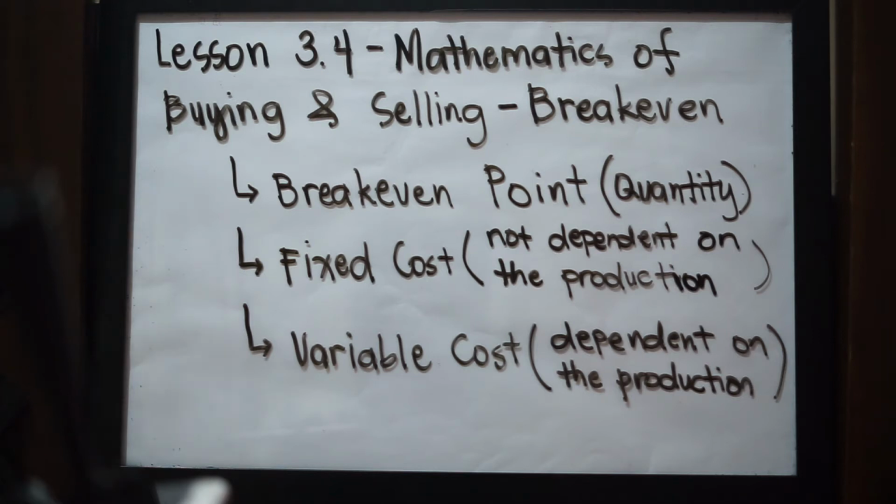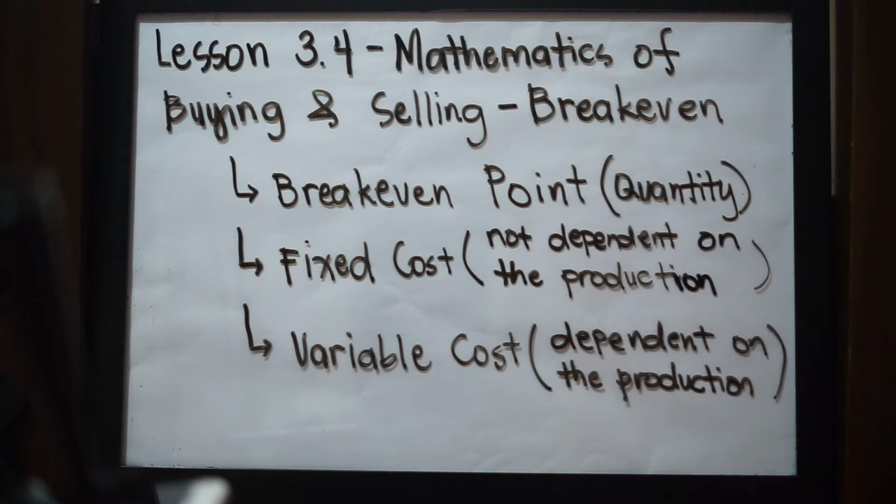Ano ba yung example ng fixed cost? For example, nagpatayo ka ng isang business. So, pag nagpatayo ka ng isang business, gagastos ka ng renta para dun sa place ng business mo. Tapos, if ever yung business mo is about food business, syempre meron kang gas, meron kang electricity, meron kang water bill.